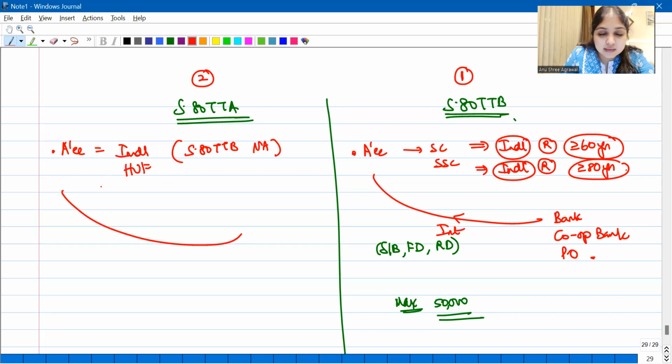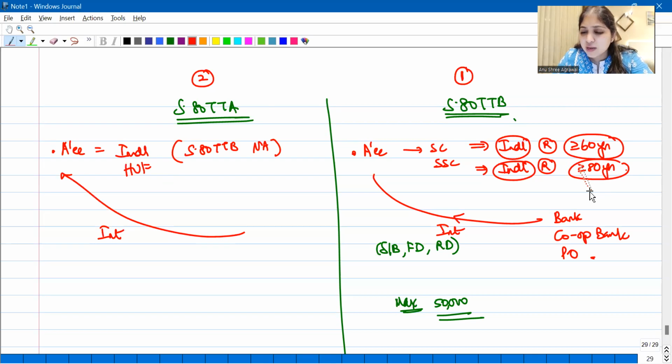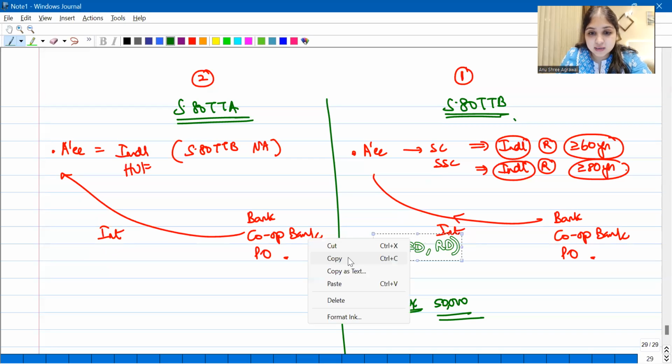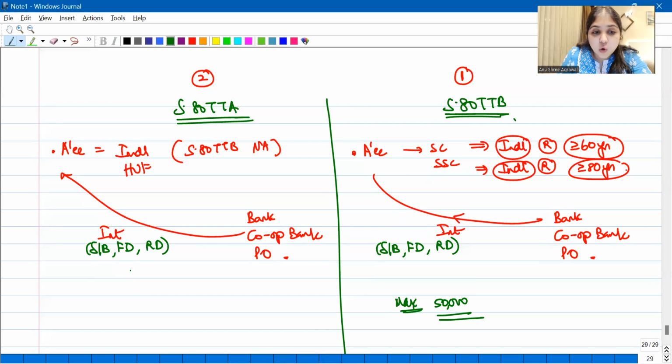Now, this SSE is receiving interest. From whom is he receiving interest? Even over here, the interest can be from a bank, or a cooperative bank, or a post office. Doesn't matter. But what kind of interest? Here we are talking only about savings interest. Here I can't talk about all the 3 interest.